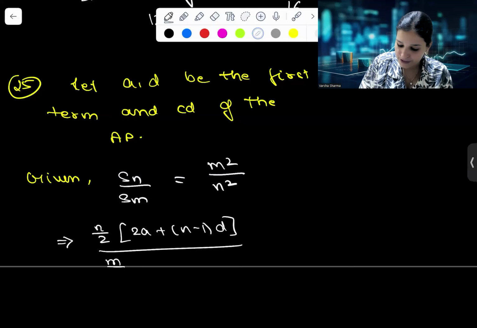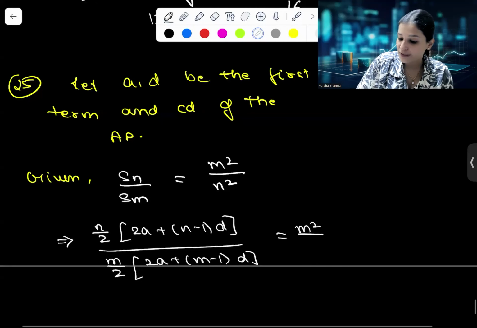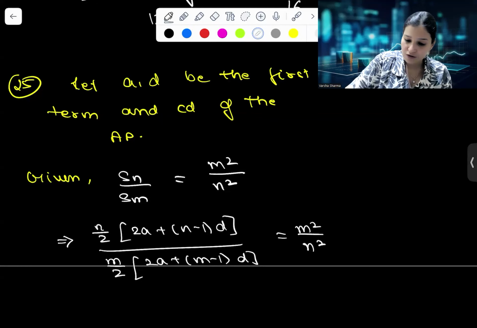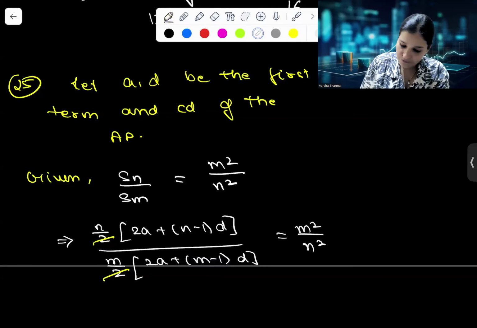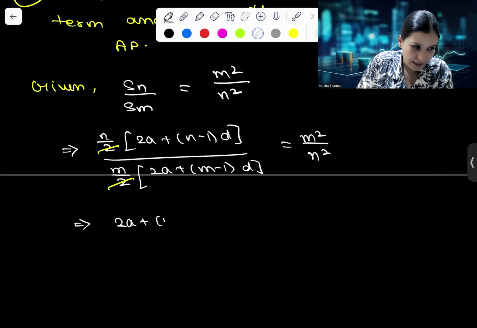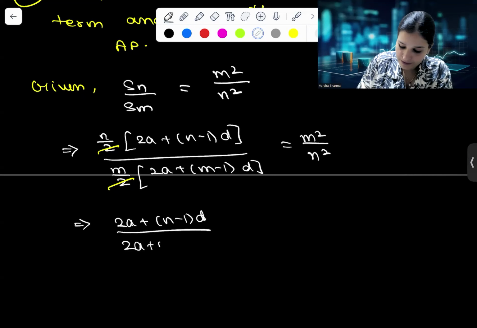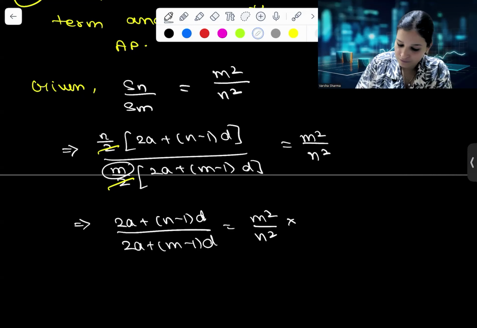This will be m by 2, 2a plus m minus 1 d, equals m square by n square. So now 2 gets cancelled, and what we are left with is 2a plus n minus 1 d upon 2a plus m minus 1 d, m square by n square.